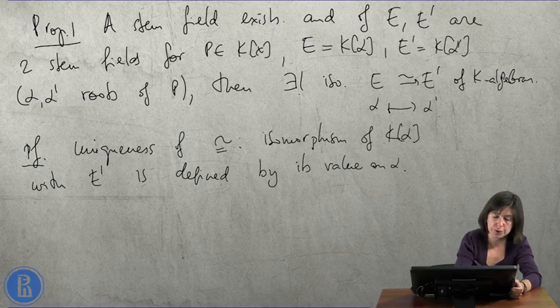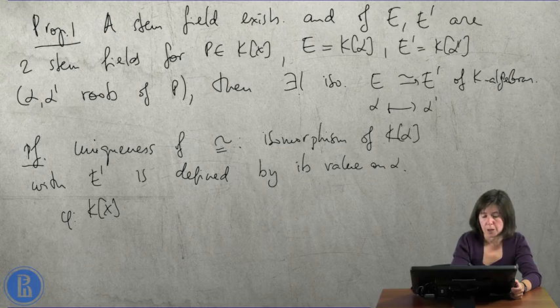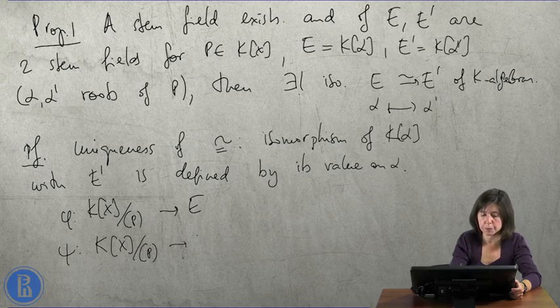But this is easy because I have phi from k of x mod p to E. I have psi from k of x mod p to E prime.